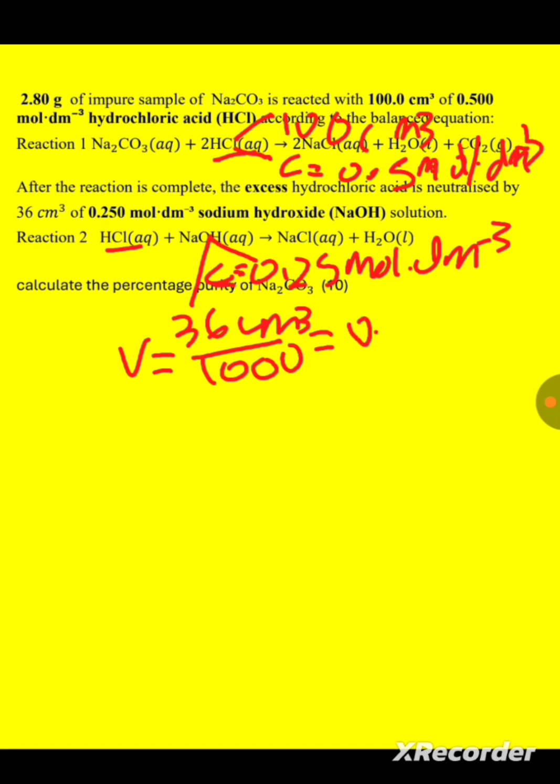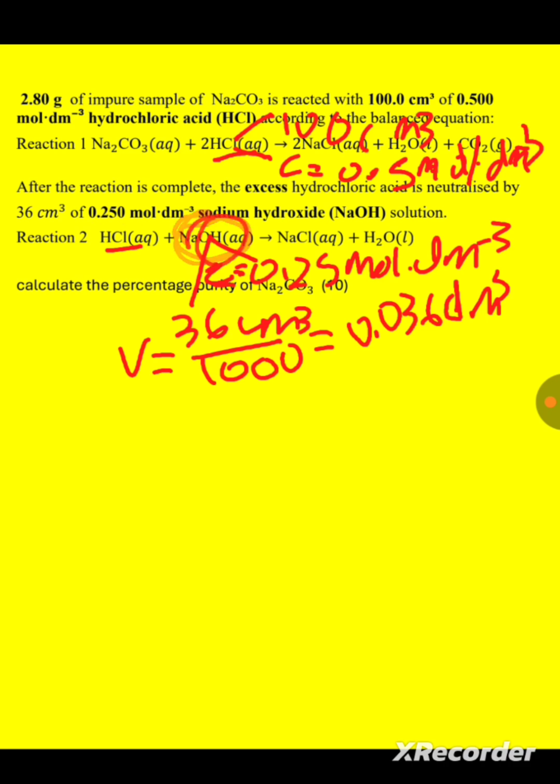So 0.036, it should be in decimeters. Now from here, I know this information, but the aim is that I must get the information of hydrochloric acid. So what I will do is use the information I'm given of NaOH to get the number of moles.